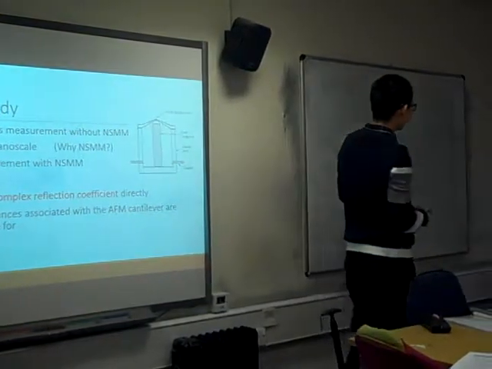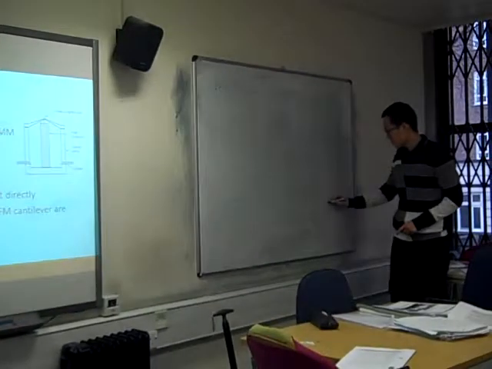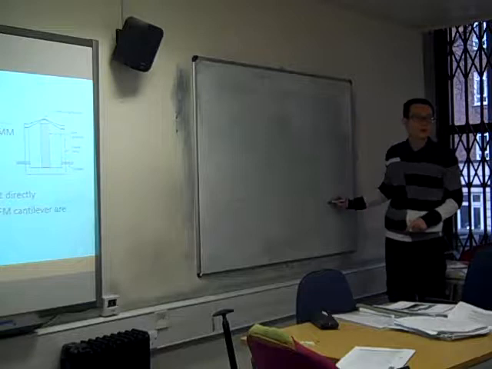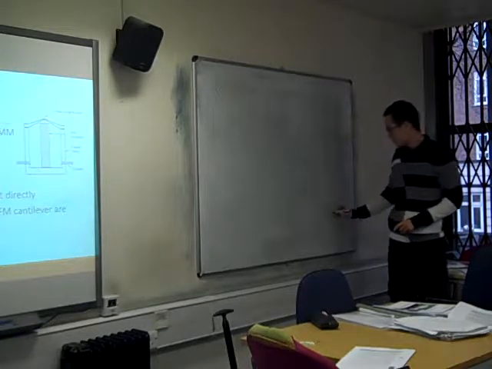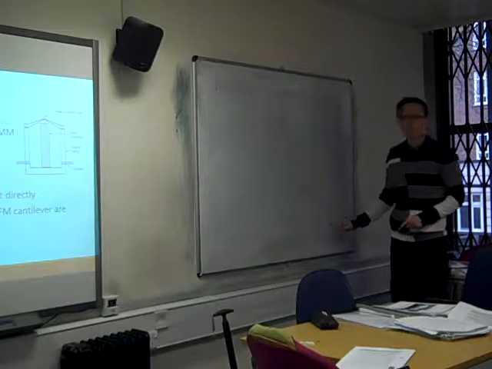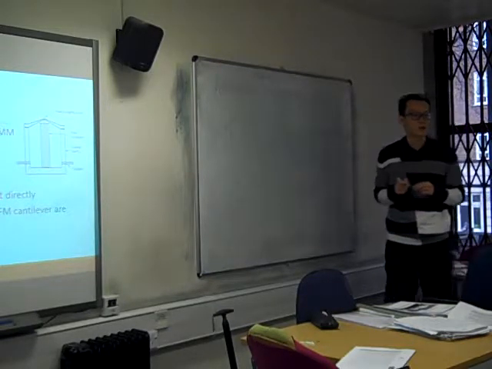And what we can see here is a peak. This peak value represents an x-label point. This point we call the resonant frequency. Maybe this is 1.3 gigahertz. So the resonant frequency here is 1.3 gigahertz.